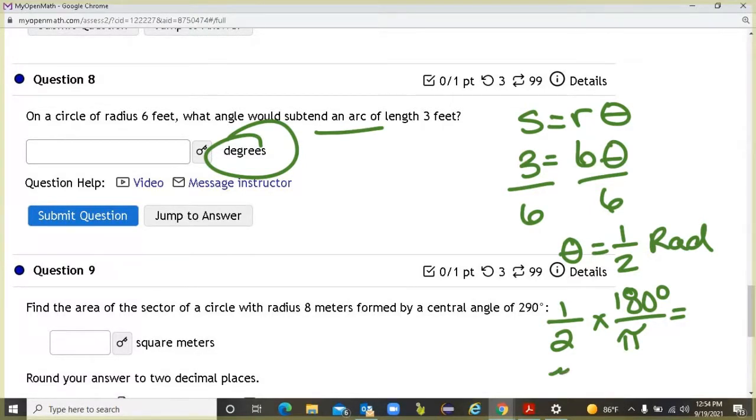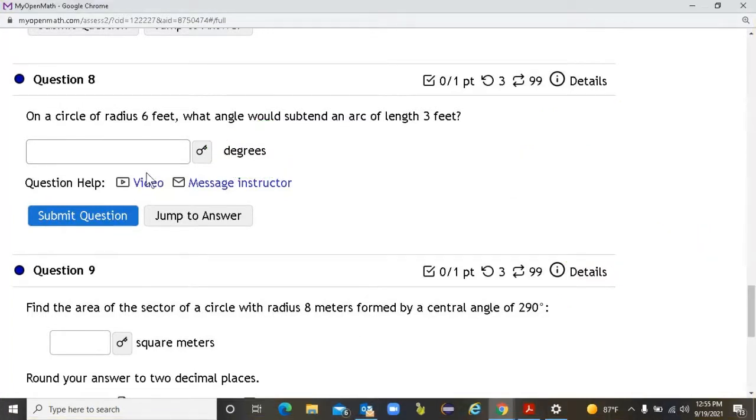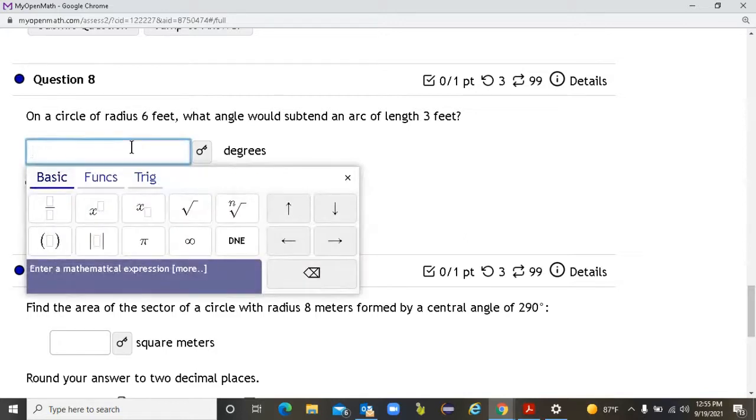This is approximately 28.648 degrees. So let's try that. If that doesn't work, we'll just put 90 over pi degrees, but it doesn't say how to write the answer. So I'm going to, you know what, I might do the 90 over pi first. So let's just try 90 over pi.